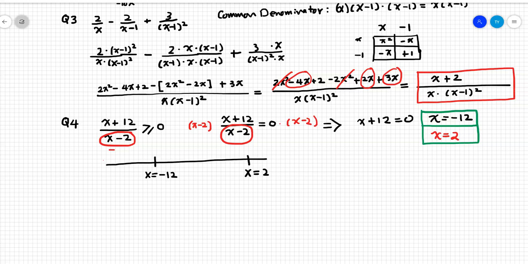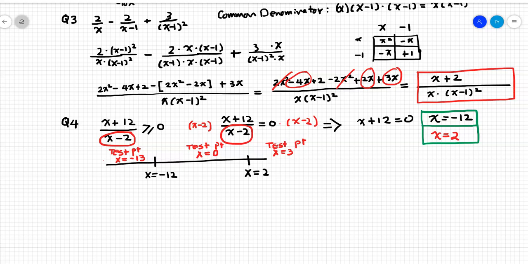Over here I'm going to choose x = -13. In the middle, I'm going to choose x = 0. And over here, I'm going to choose x = 3. We're going to evaluate these points in the original inequality.